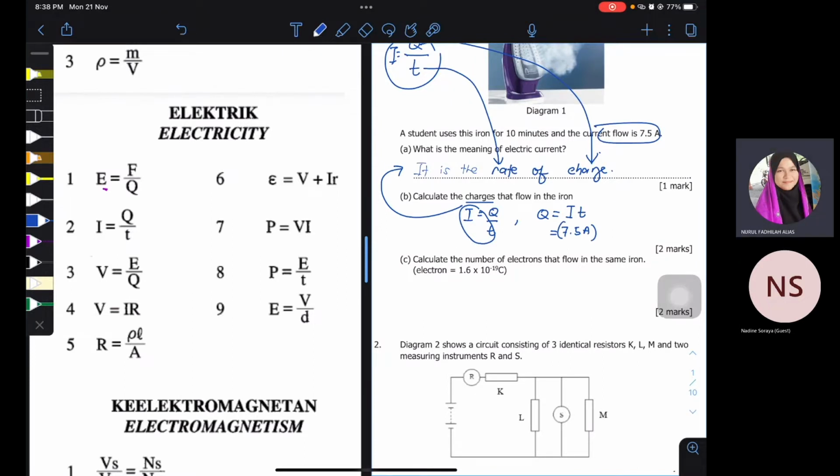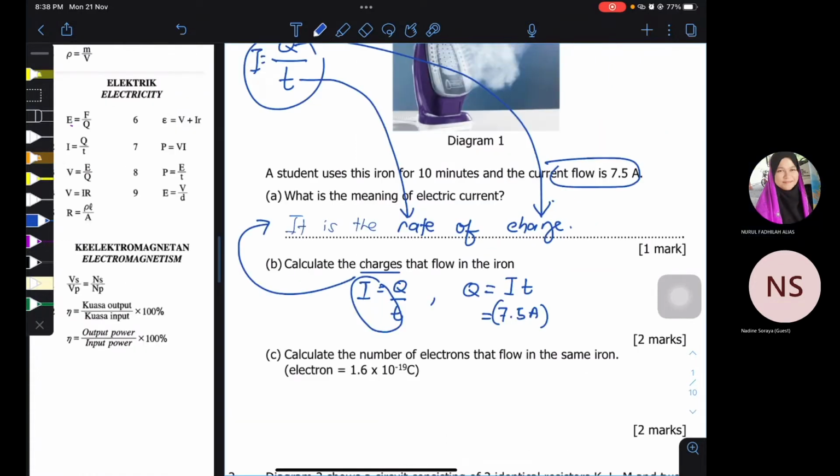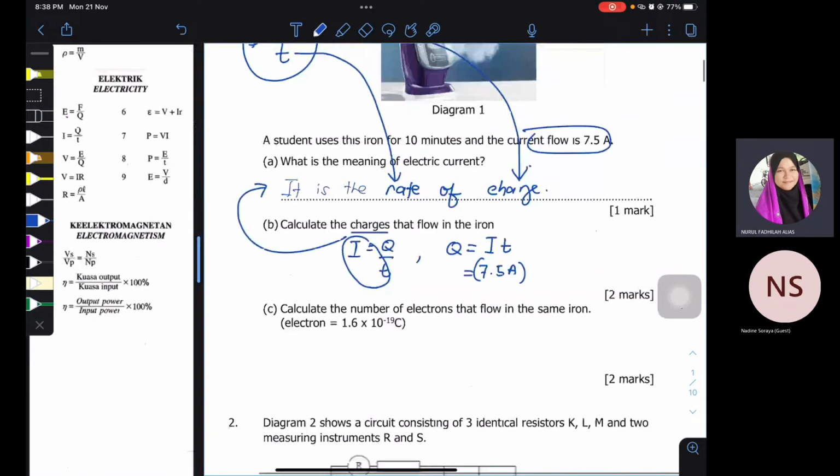But make sure if you calculate any physical quantities, you convert the units into SI units.